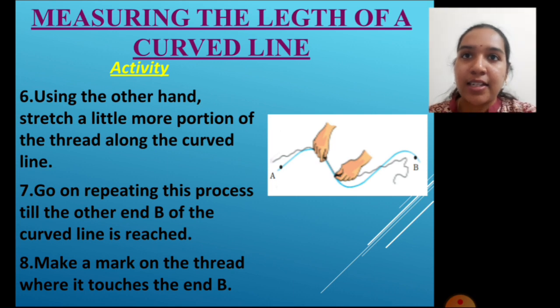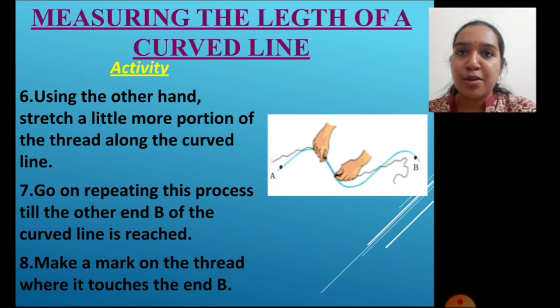As said, go through the process exactly with the thread on the curved line only till the other end of the curved line is reached, that is point B. Now mark on the thread where it has reached the end point B on the curved line.